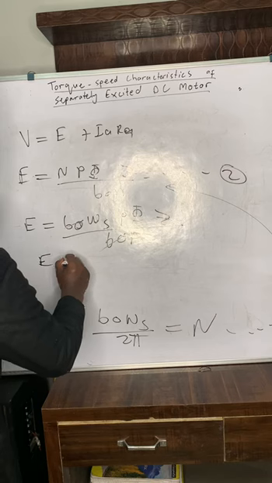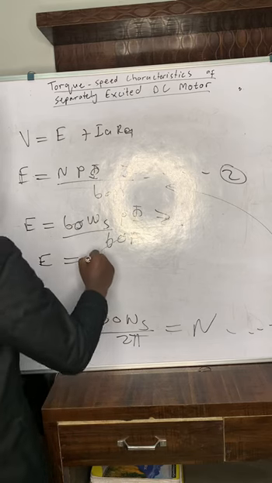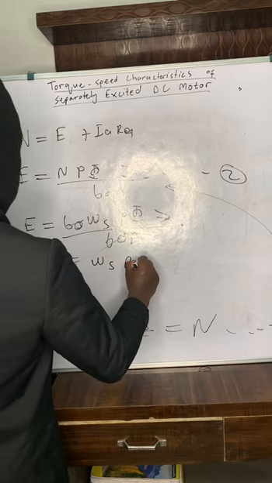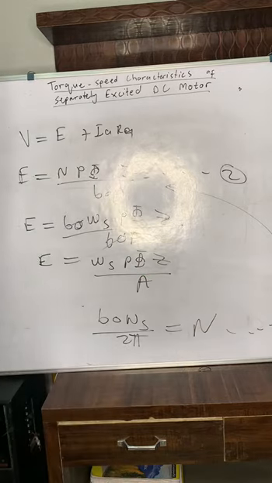We are left with E equals omega S P phi Z over A. Something like this.